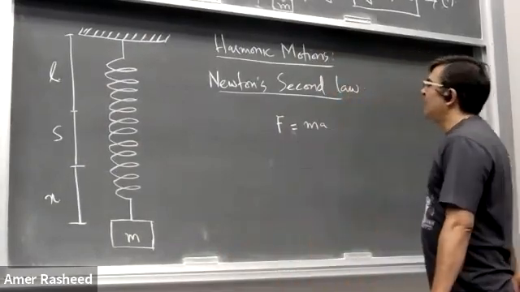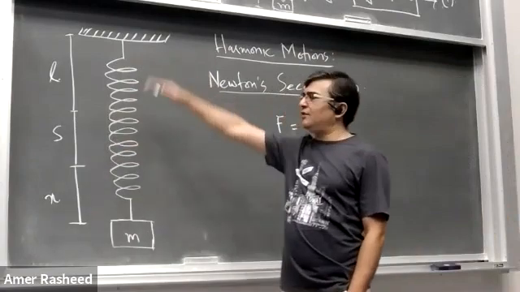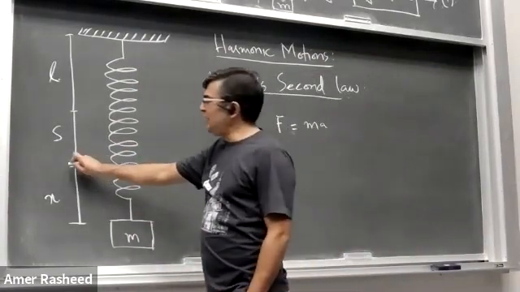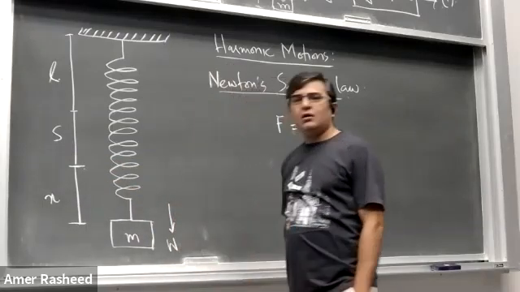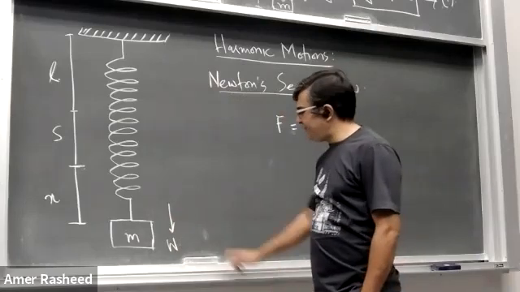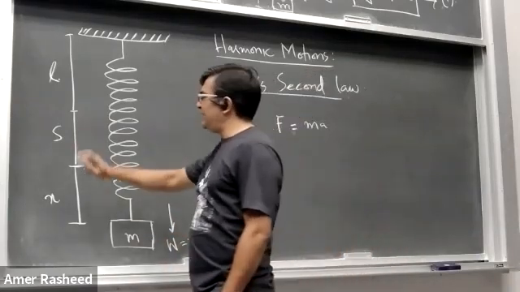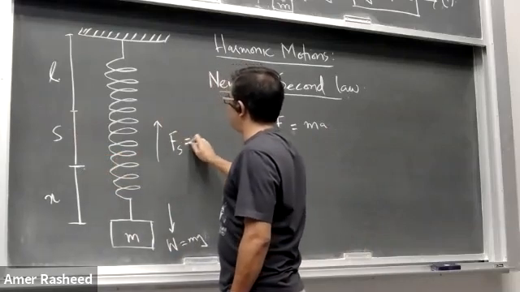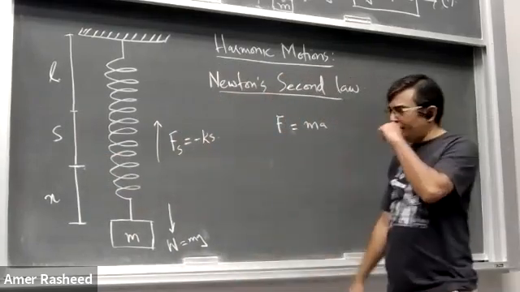Now, how many forces are being applied here? One is applied downward, the weight force, which is mg, and the restoring force upward, Fs, which is negative k times s.